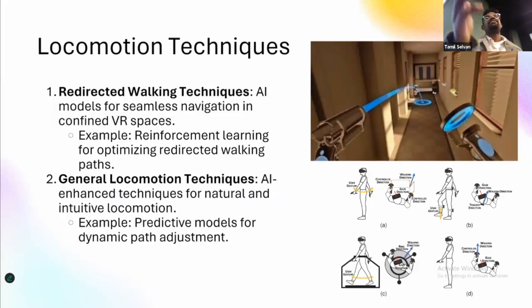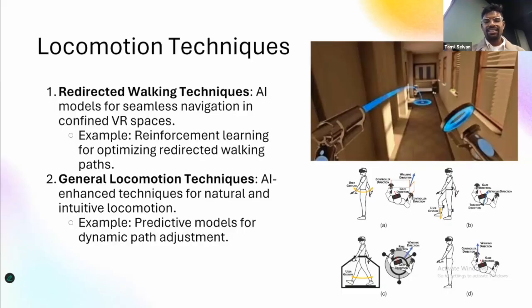A smarter system automatically detects there is an object in front of you and where there is free space, and redirects the virtual environment so you automatically turn without knowing there are things there. This is where redirected walking techniques are where AI is able to help us improve. This is one of the game changers for locomotion techniques.